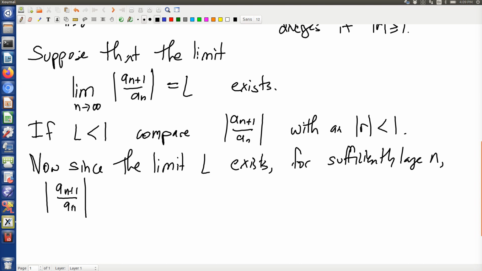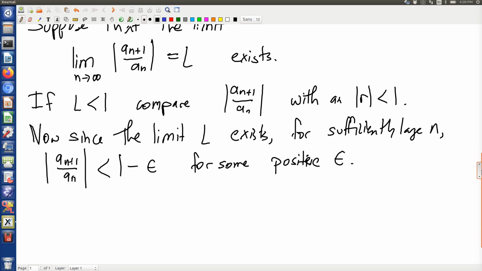What that means is that for sufficiently large n, this guy is actually going to be less than, not quite 1, but even actually a little less than 1, like 1 minus epsilon, for some positive epsilon. This thing, the 1 minus epsilon, we're going to call that r.